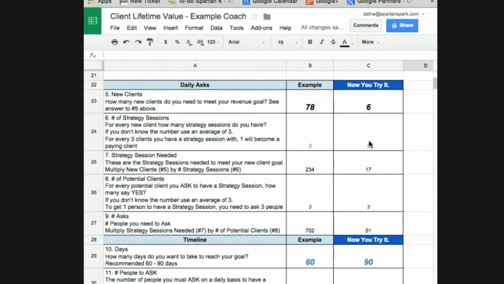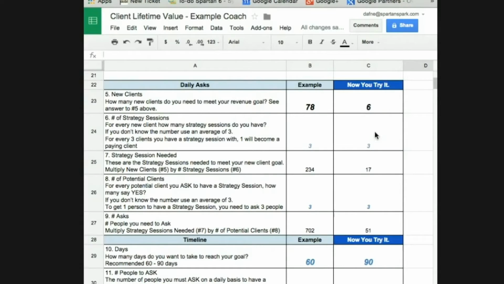For every 3 people you have a strategy session with, 1 will become a paying client. So that means her conversion rate is 33%. So in number 7 here, she needs to put 17 people through a strategy session in order to get 6 clients out of it.